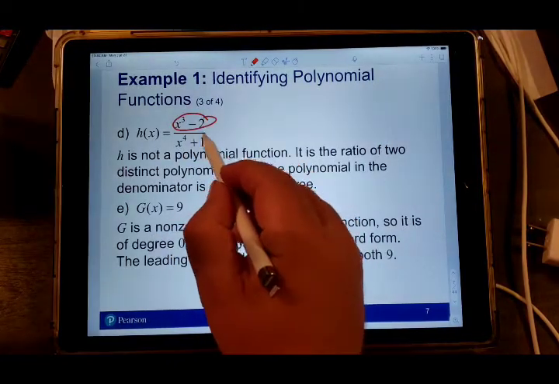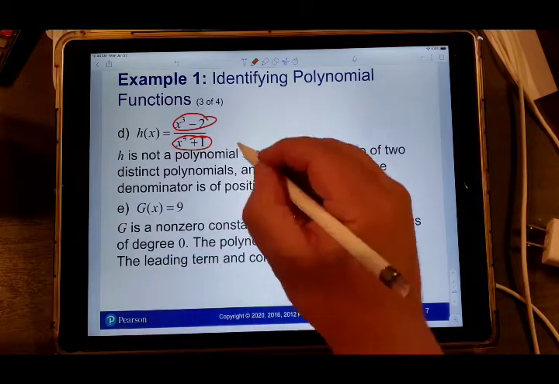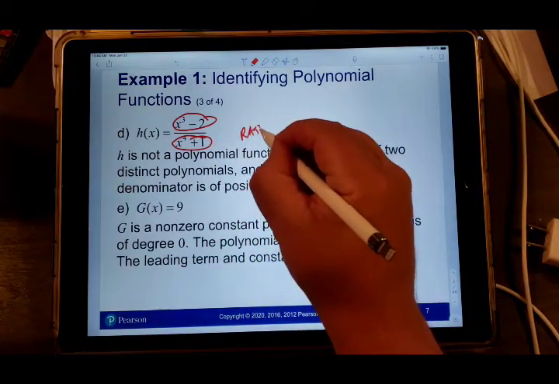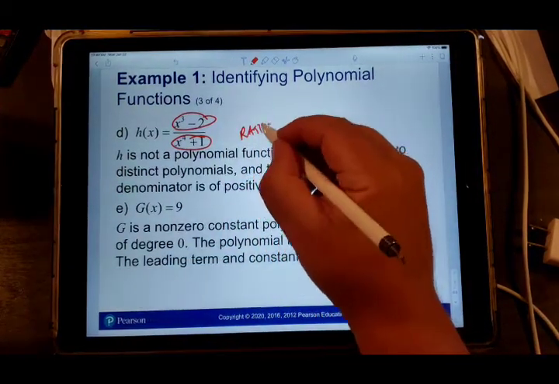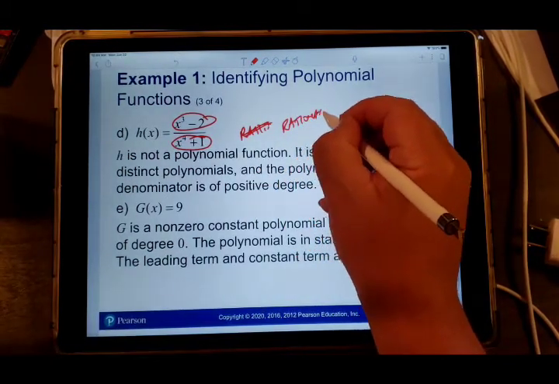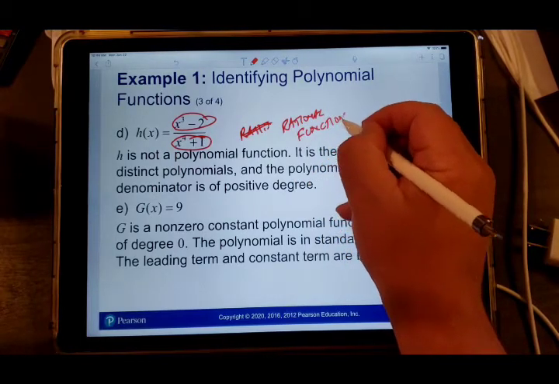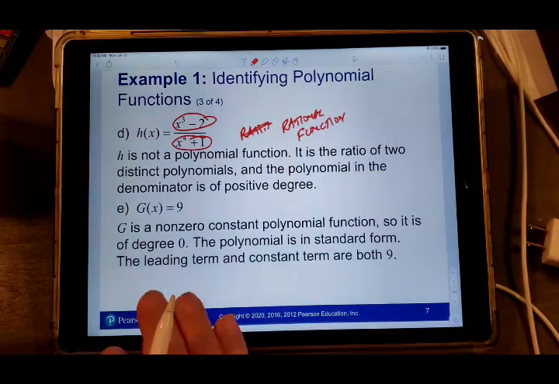This is one polynomial divided by another polynomial. It has a name. It's called a rational function, but it's not a polynomial. I should say a word of caution.